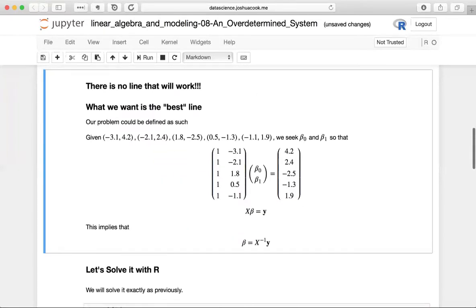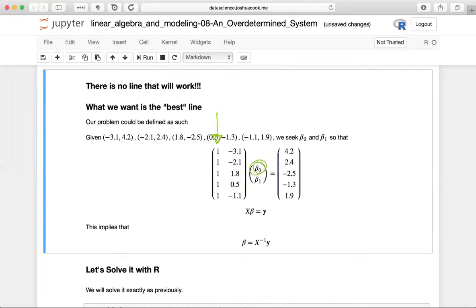I've just gone straight to the matrix notation here. I've taken these 5 points and converted them into a matrix where I have a column of ones. Remember, the column of ones is going to go with the y-intercept. Later on, we'll call that the bias.